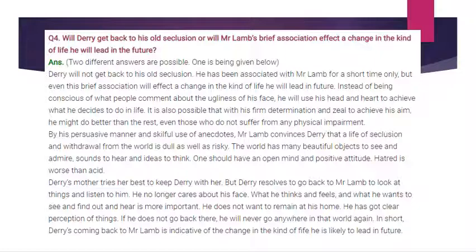So you can write with that viewpoint. But this answer which is given here is more convincing and it's better in the exam if you write this answer. That answer will not be very convincing because Derry has changed, and this answer emphasizes the change that has come in Derry, and therefore we feel that this answer is more convincing.